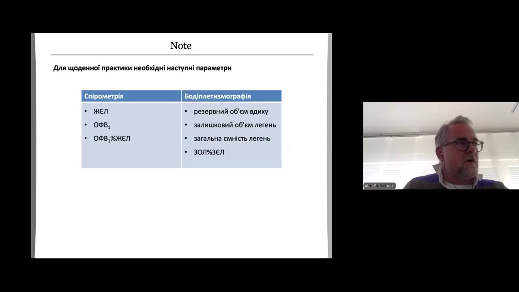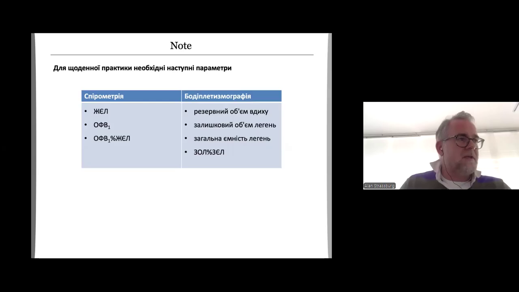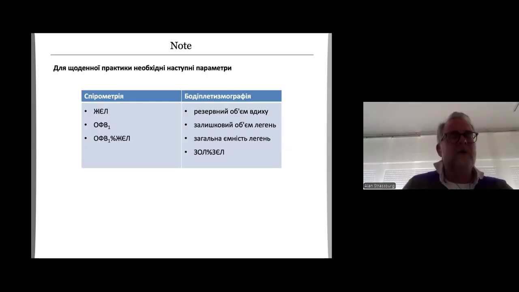If you've got a body plethysmograph, you can measure the static lung volumes, which are then important to take a closer look at restrictive lung disorders. Those are, for example, the residual volume, the total capacity, and the quotient between the residual volume and the total capacity, which then defines the Überblähung, in German, in obstructive lung volume disorders like COPD or asthma.